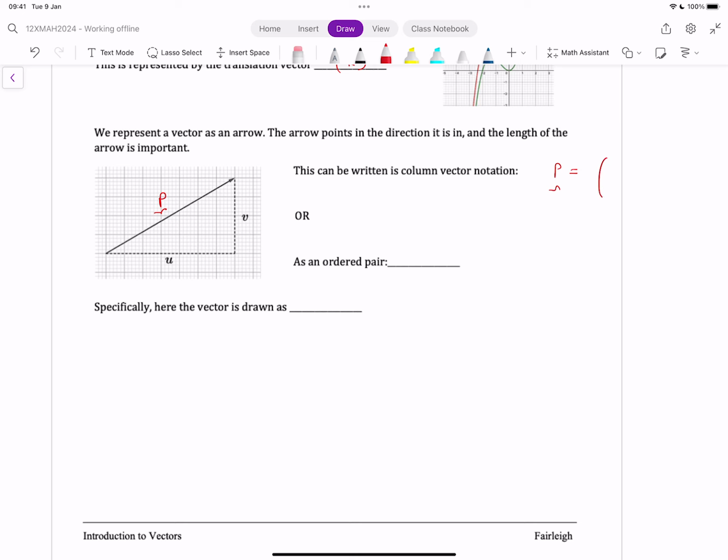Vector P is the vector (u, v), so u is the x and v is the y. It's almost like combinatorics; in fact, it's the same notation, except importantly they have nothing to do with each other. We can also write them as an ordered pair, u comma v, although we rarely write vectors like that. Specifically, this is the vector: we're going across 1, 2, 3, 4, 5, 6, 7, and going up 1, 2, 3, 4. So it's the vector (7, 4).